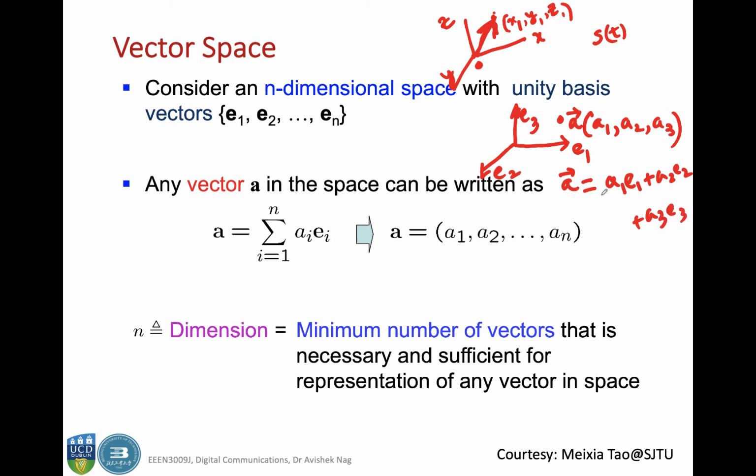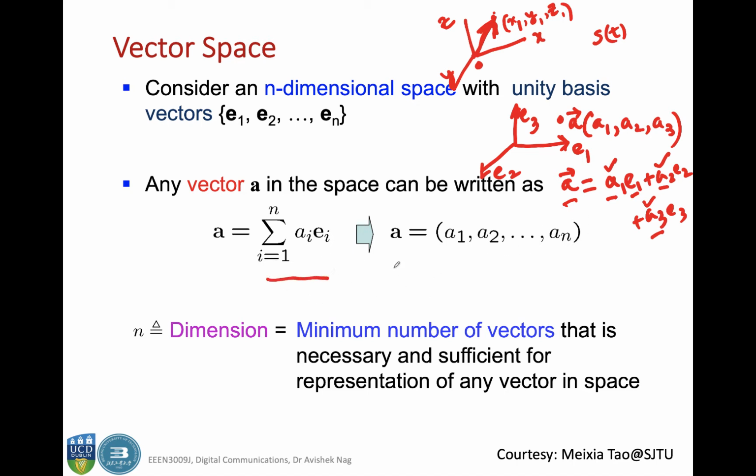So basically, this vector A has three different components, A1, A2, and A3, along the three axes or the three directions or the three unit basis vectors e1, e2, and e3. So the component of this vector across the e1 axis is A1, across the e2 axis is A2, and across the e3 axis is A3. So you can generalize this concept for an n-dimensional space.